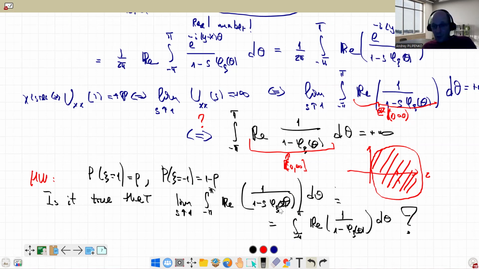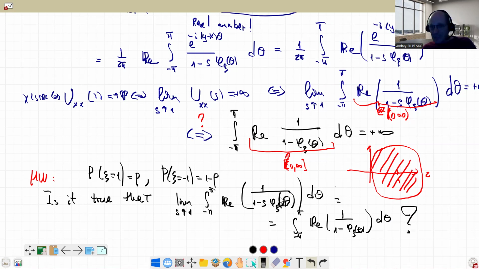Well, you may easily calculate the characteristic function and calculate the integral explicitly and then pass to a limit. So just try to prove.